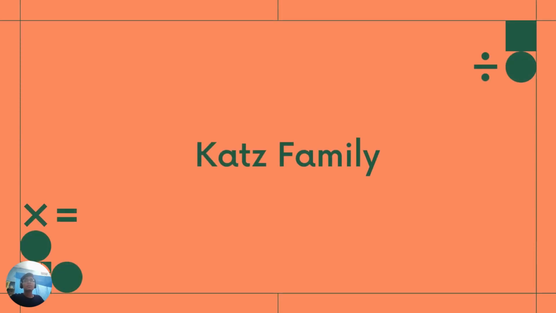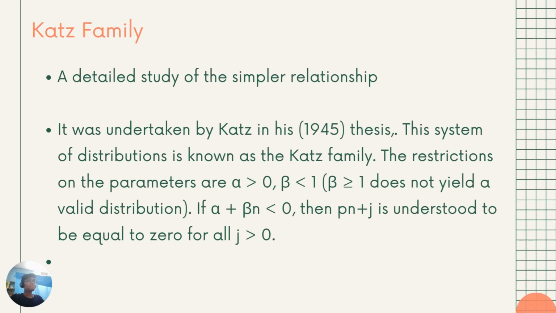Now let's discuss Katz's family. A detailed study of a simple relationship was undertaken by Katz in his 1945 thesis. This system of distributions is known as the Katz family. The restrictions on the parameters are alpha greater than 0 and beta less than 1, where beta greater than or equal to 1 does not yield a valid distribution.